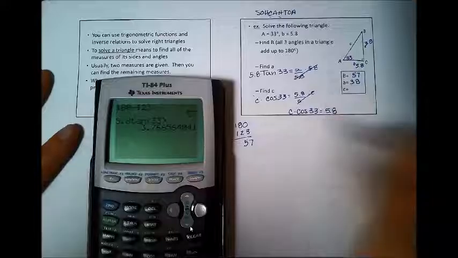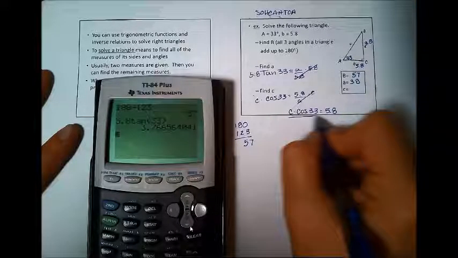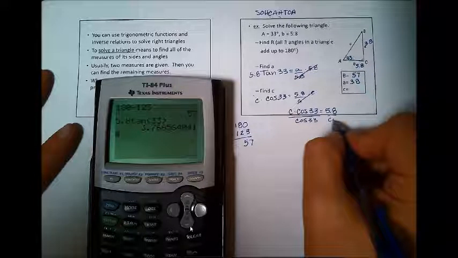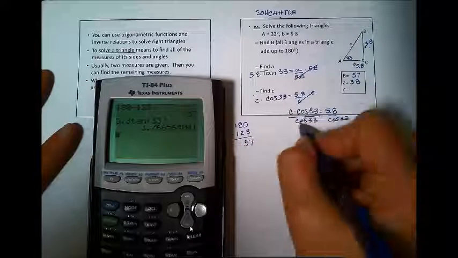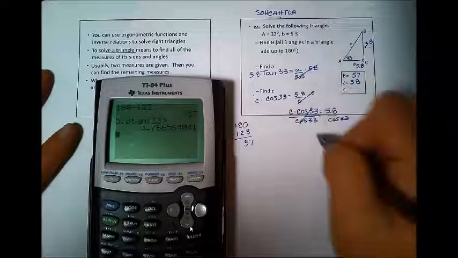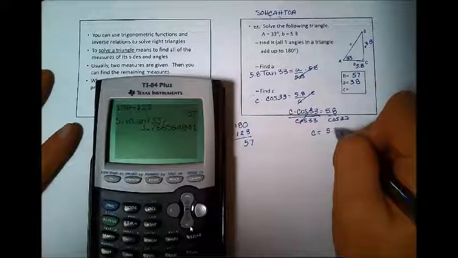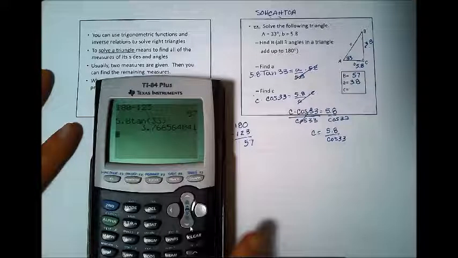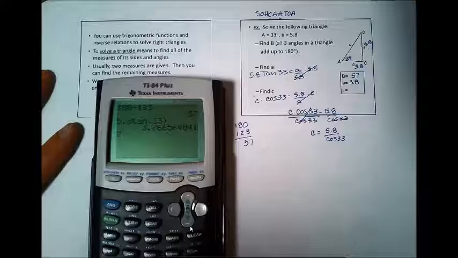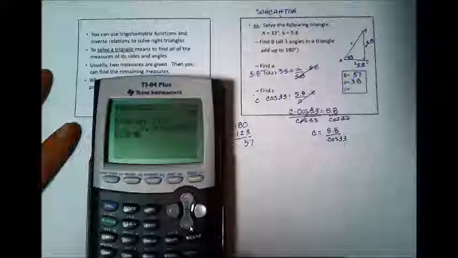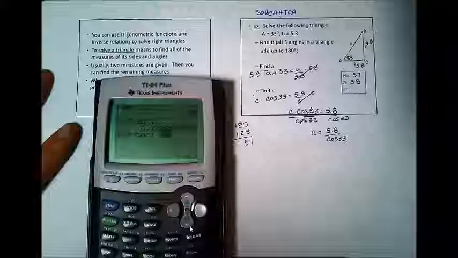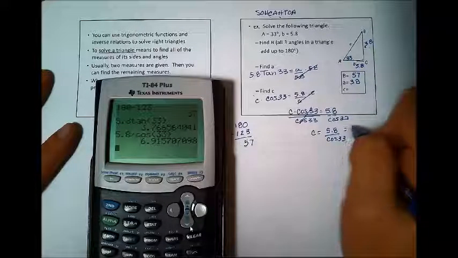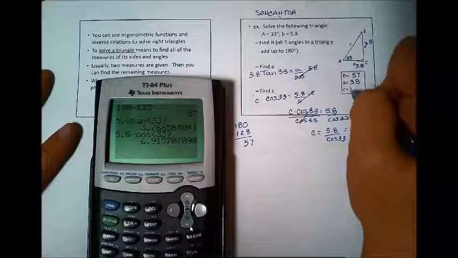Now these are times, so we want to get rid of that cosine 33, so we divide by it. Those cancel, so C equals 5.8 divided by cosine 33. So we use our handy dandy calculator and do 5.8 divided by cosine 33. And our answer is 6.9. And that's all you have to do.